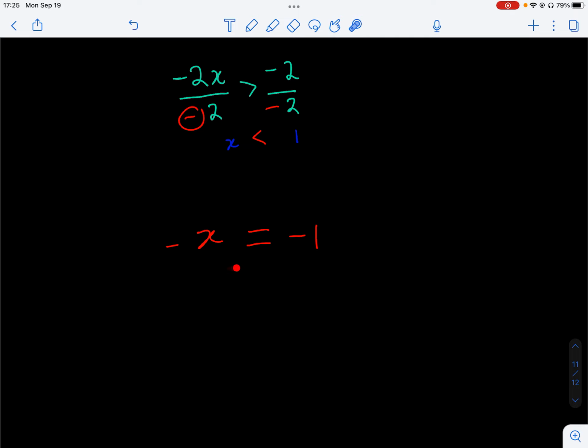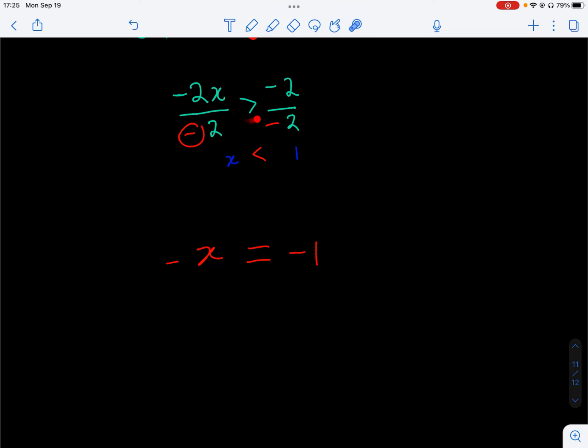Negative 1 is the same thing as negative x. Here, with the greater than signs, remember, you read this as greater than when you're reading from left to right. I say negative 2x is greater than negative 2. Here, I say negative 2 is less than negative 2x. There is directionality in the symbol. It's not the same both ways.